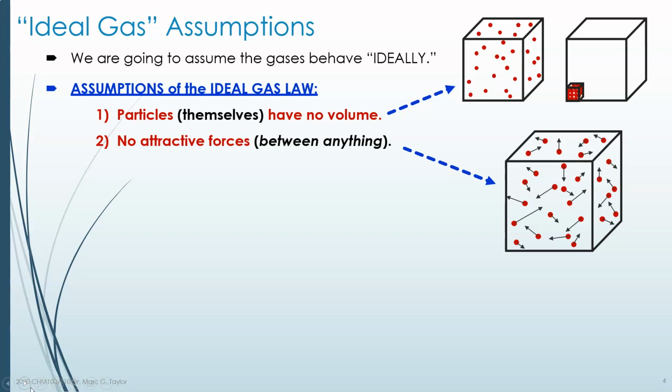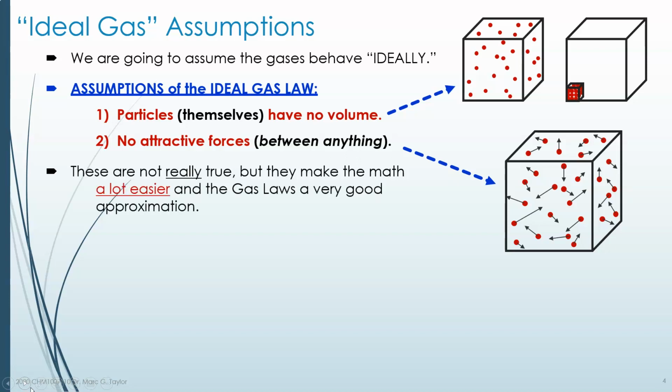We're going to assume there are no intermolecular forces. This is not true. In fact, neither of these assumptions is true, but they're true enough to make our calculations much, much simpler. So we make these assumptions so that all the math is so much simpler, and the formulas that we use are very straightforward.